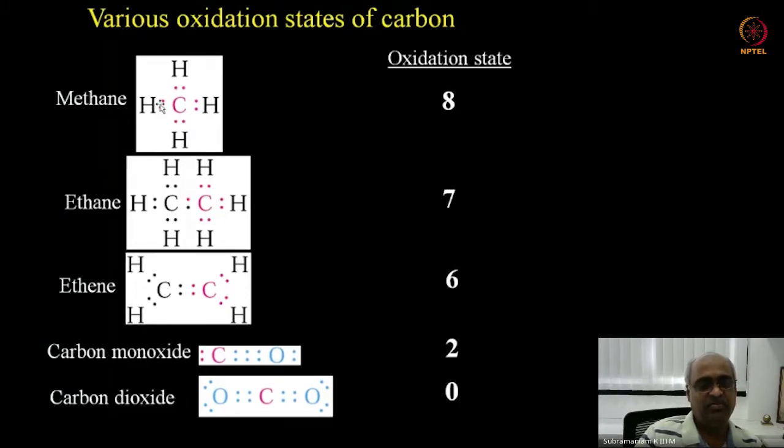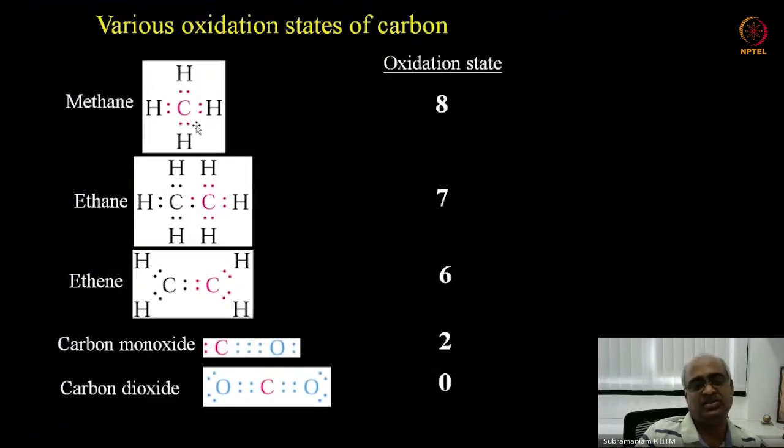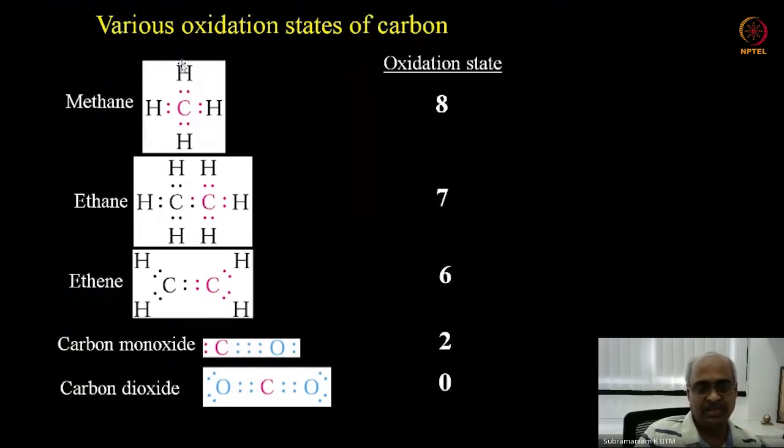Here the type of bond and the type of atoms is where its energy comes from, or where its electron affinity comes from. Here the carbon has more hold on the electrons, and that is because of the kind of atom it is bonded to. Here it is hydrogen. Next, if you look at ethane, here one of the shared electron pairs is with another carbon. So this carbon is not going to behave like hydrogen.